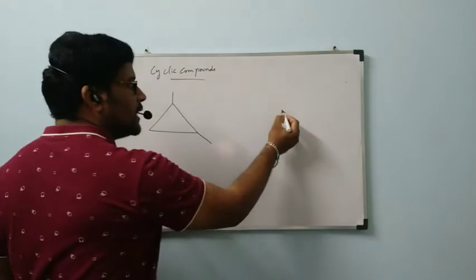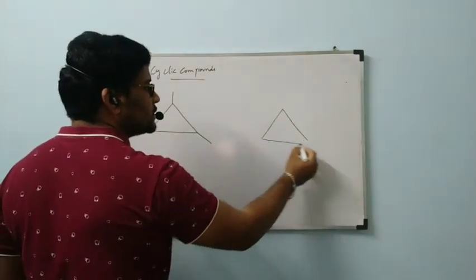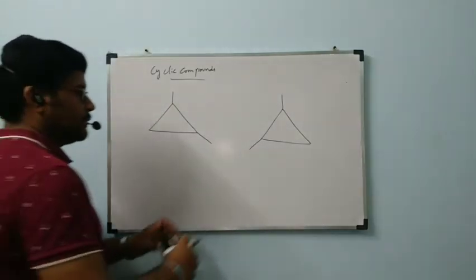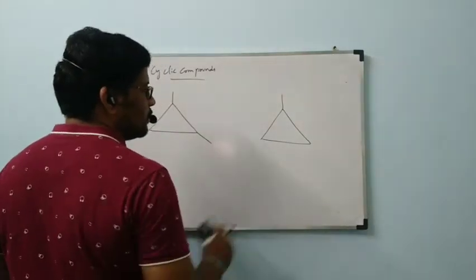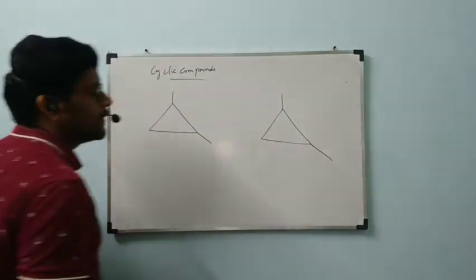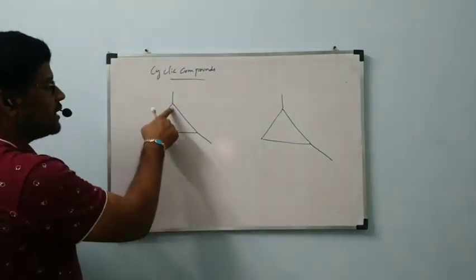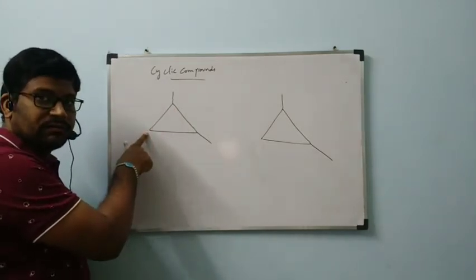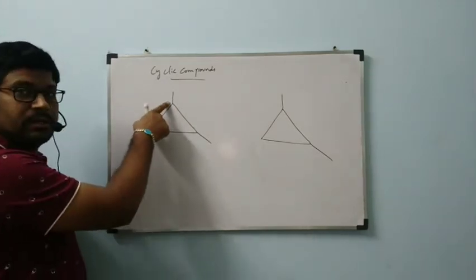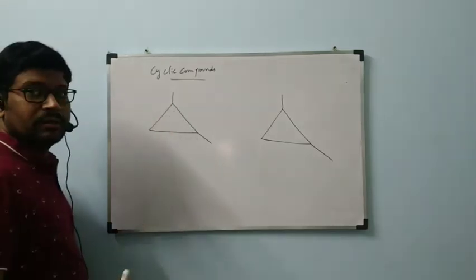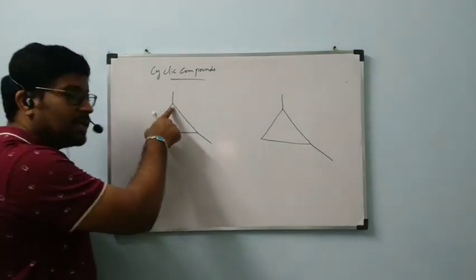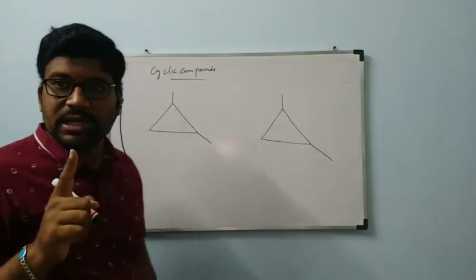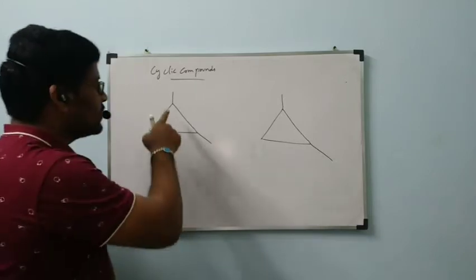For that I took the same molecule 2 times. Now start here. We can start from here also. But if you start from here, 1, 2, 3 you will get. If you start from here, the first carbon we get is 1. That's why, if you want the least number, we can start from here.